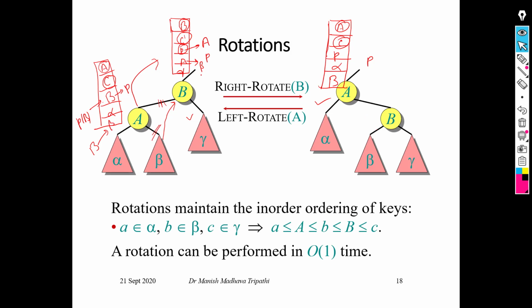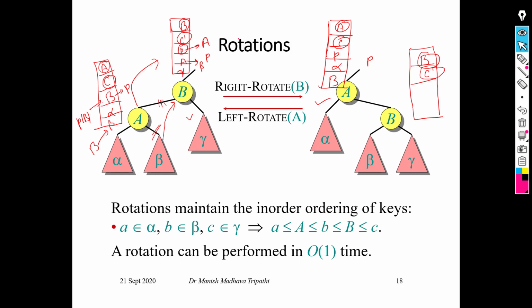What changes have been there? Let us write it again here. The value of B was unchanged. The color of B was C dash and it was unchanged.